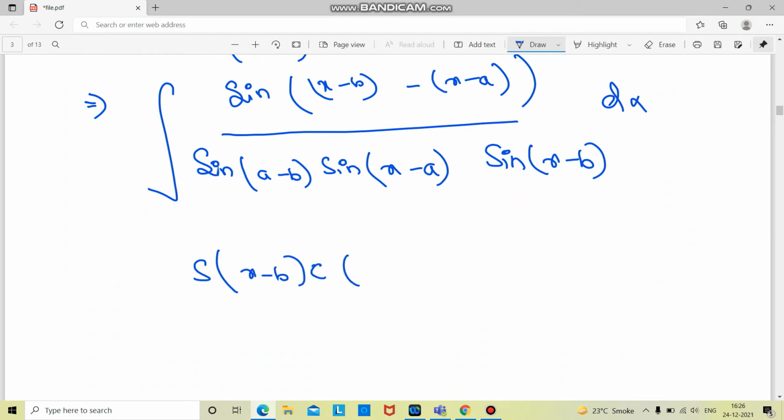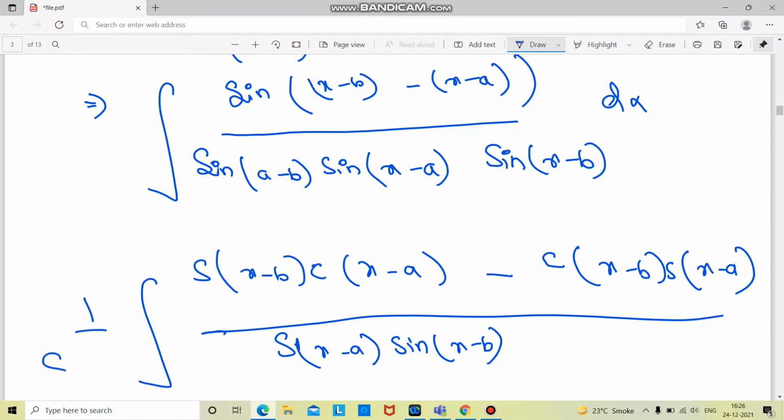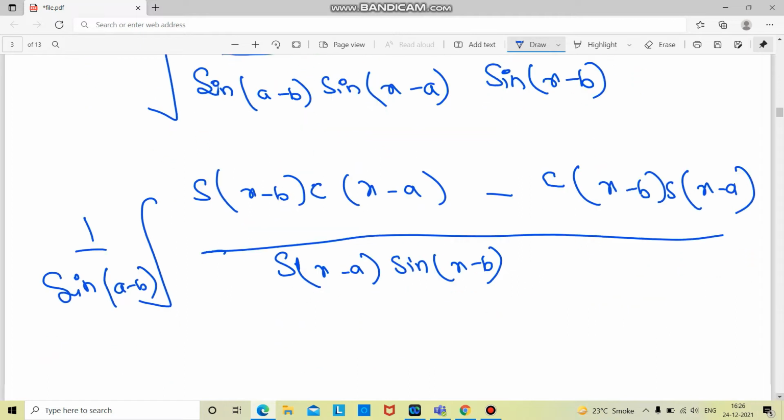Now we can write sin(x minus b) cos(x minus a) minus cos(x minus b) sin(x minus a), divided by sin(x minus a) into sin(x minus b), times 1 by sin(a minus b).